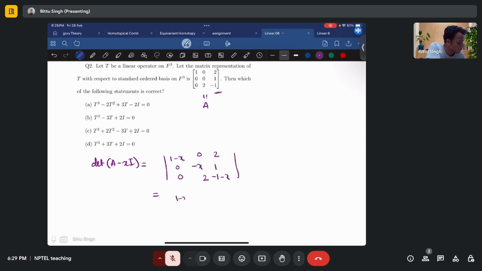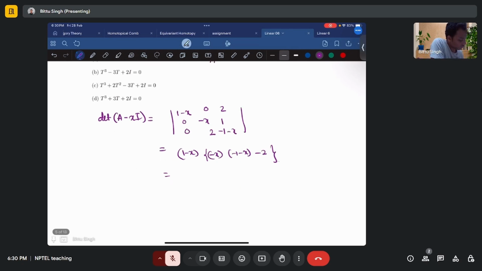This determinant is (1 minus x) times (minus x times minus 1 minus x minus 2), which is the same as (1 minus x) times (x squared plus x minus 2).